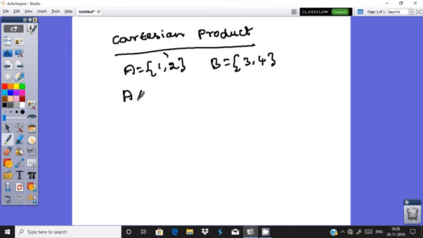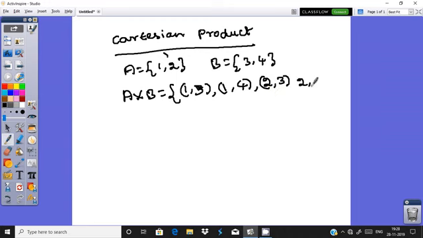So when I write A × B, the first combination is (1, 3), then the second combination is (1, 4), and now you should take the second element of the first set. So you take (2, 3) and then (2, 4). So this is called a Cartesian product.